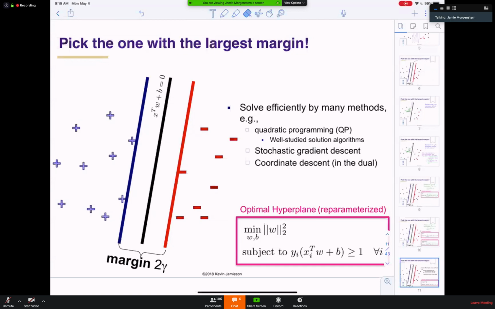You could also solve this using some kind of quadratic or other convex programming approach. And coordinate descent in the dual, which we're not going to talk about today, would also be appropriate. So if you're asking how you actually find this W subject to this constraint, all of these approaches will be appropriate.